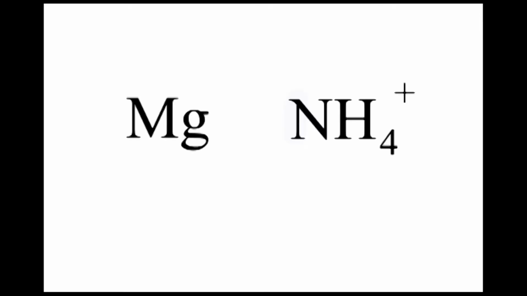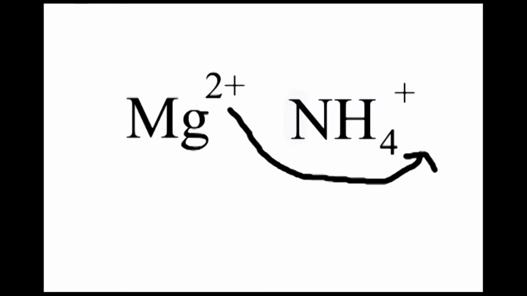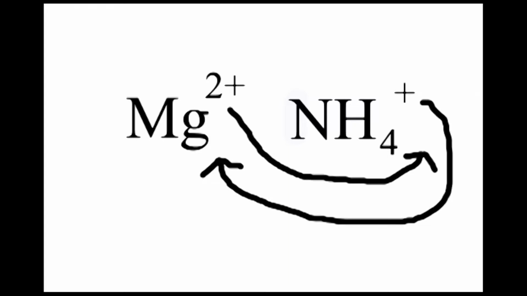But what if we combined a metal with a polyatomic ion? The procedure is very similar. Let's try magnesium and ammonium. Magnesium has a 2 plus charge, and you should know that ammonium has a 1 plus charge. We could take a shortcut and just switch the charges of magnesium and ammonium and write them as subscripts. But since ammonium is a polyatomic ion, we're going to need to put parentheses around it and then how many of them there are.